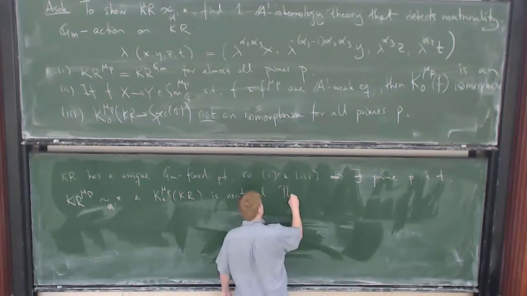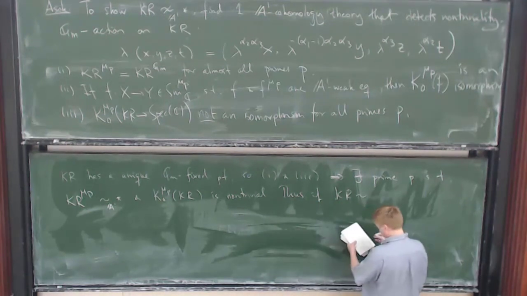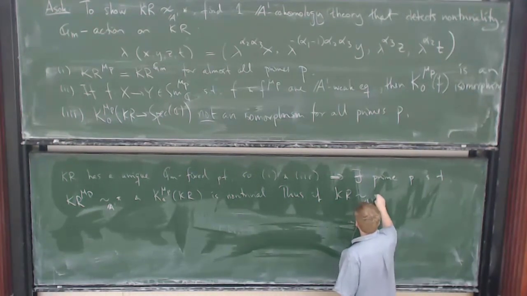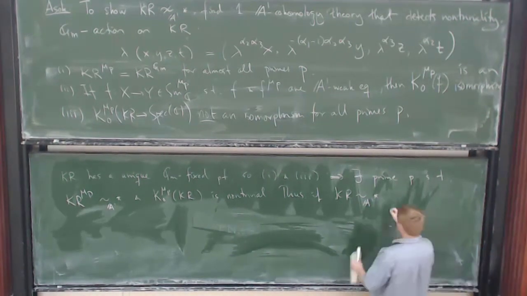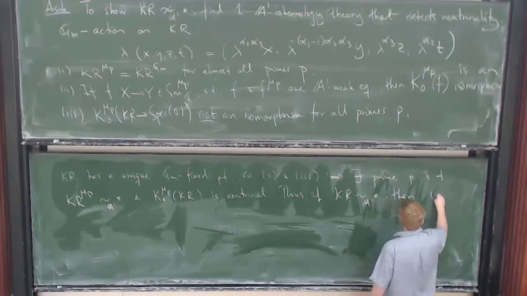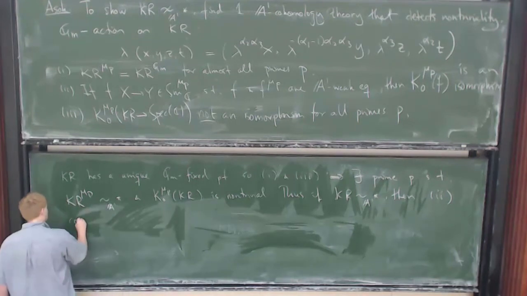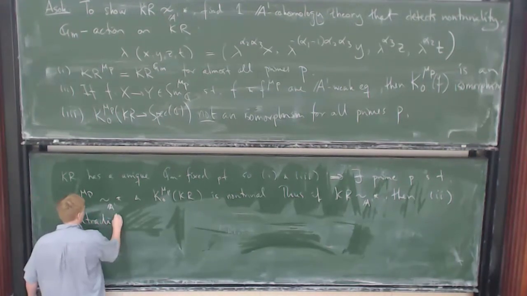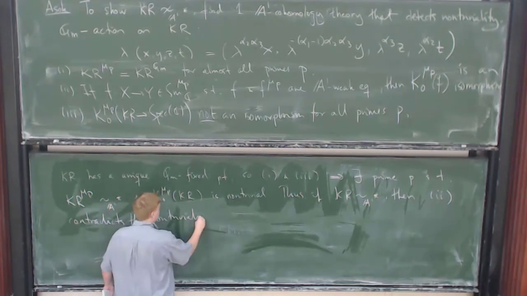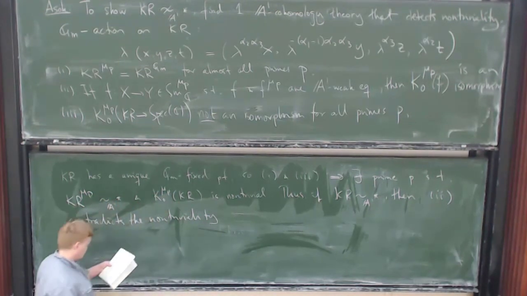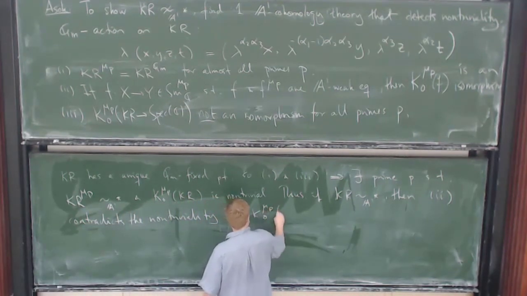So in addition, if Kr is actually A1 contractible, then this contradicts the non-triviality.